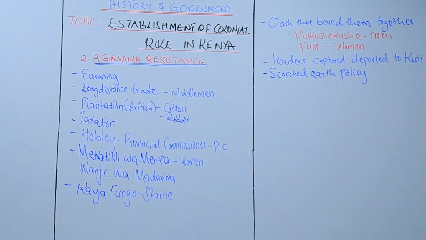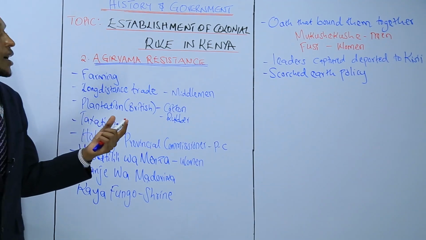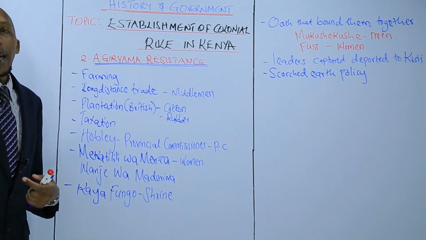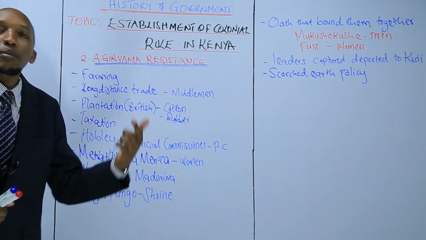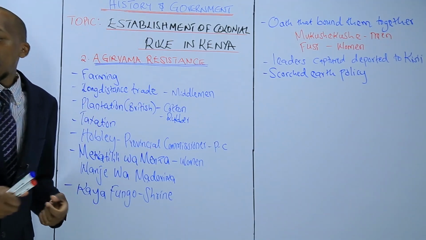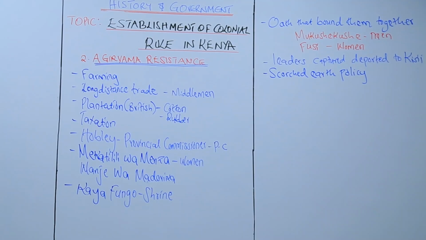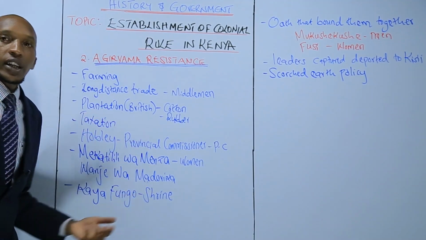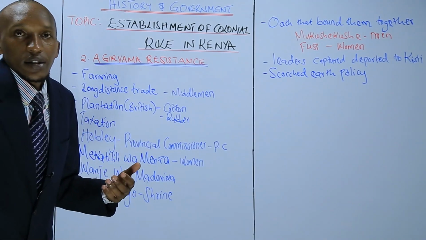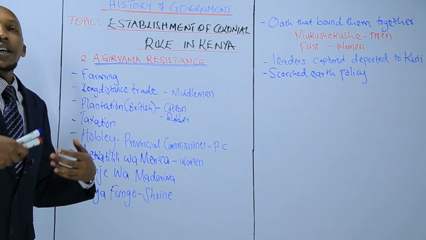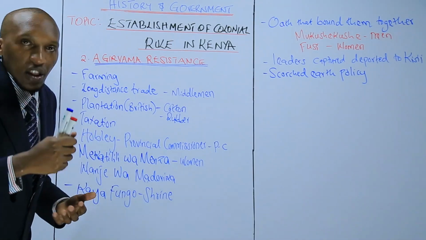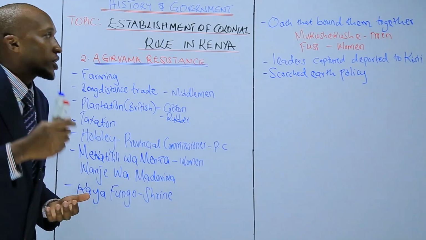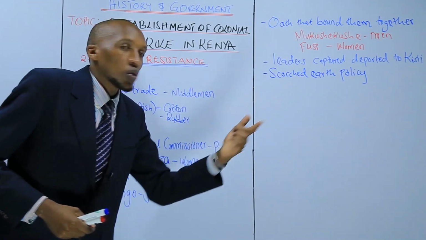British. But now, the British had superior weapons. So though the Agiriama people were trying to resist and fight against the British, they were eventually subdued because of the reinforcements that the British got, because of the strength of the weapons that the British got, together with the scorched earth policy.